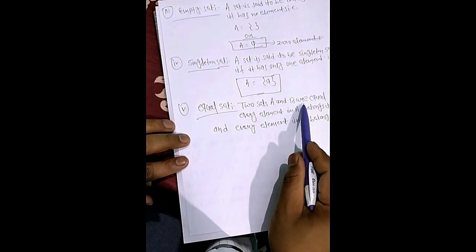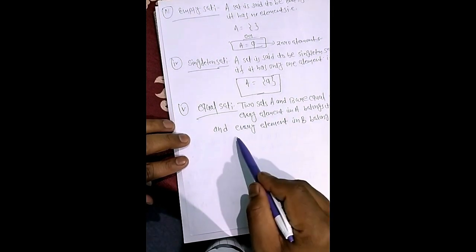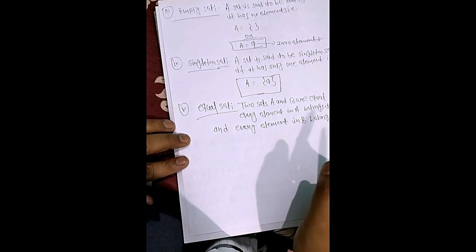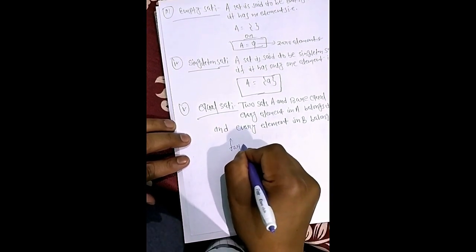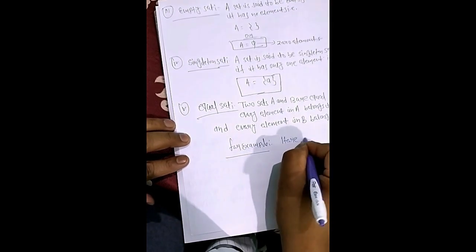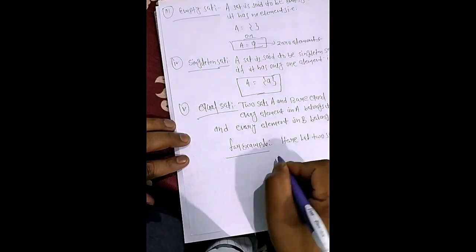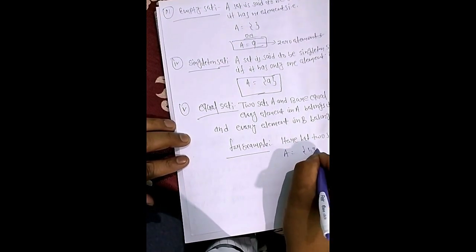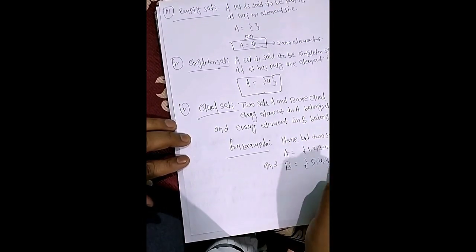Equal set: two sets A and B are equal if and only if every element in A belongs to B and every element in B belongs to A. For example, let two sets A is equal to 1, 2, 3, 4, 5 and B is equal to 5, 4, 3, 2, 1.